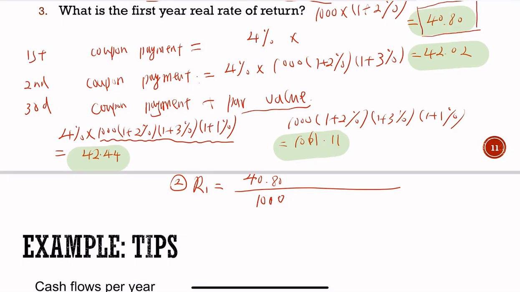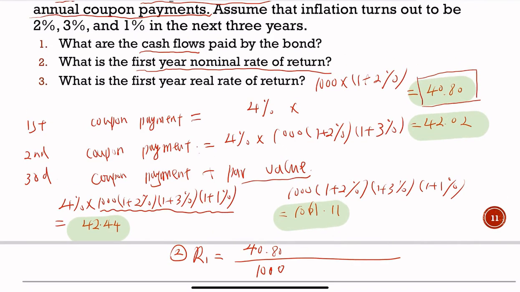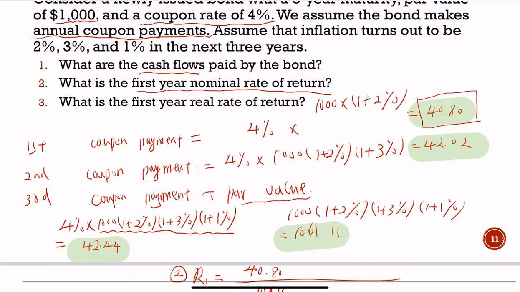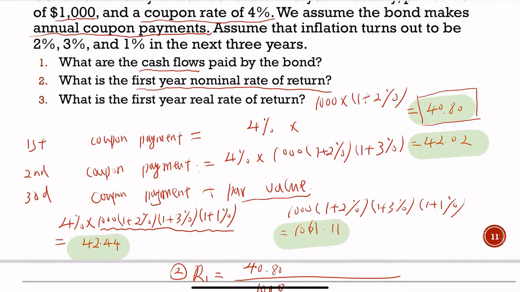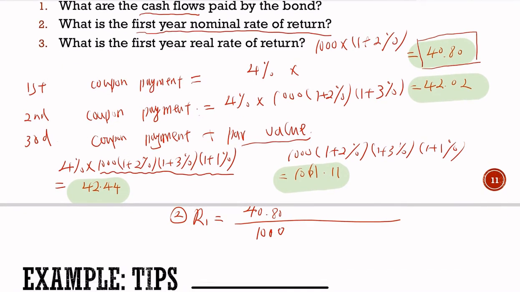Well, you can see that it is not, because on this initial date, the price was $1,000, right? And then in the first year, the par value or the principal increases to 1,000 times 1 plus 2%, right?